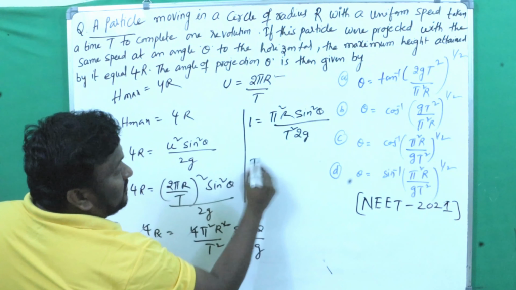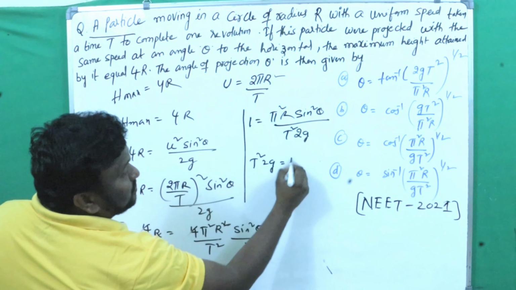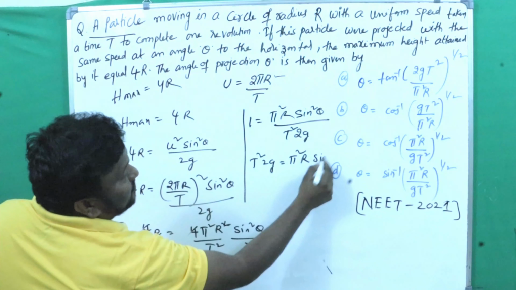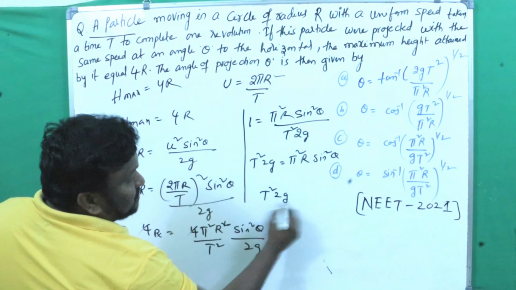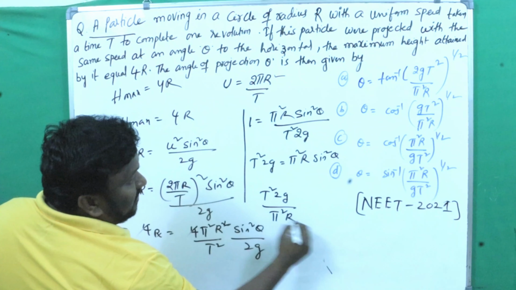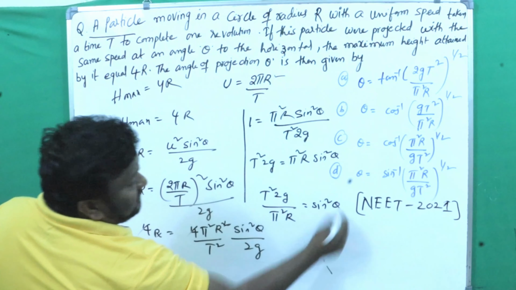So t square into 2g is equal to pi square r sin square theta. From that, t square 2g by pi square r is equal to sin square theta.